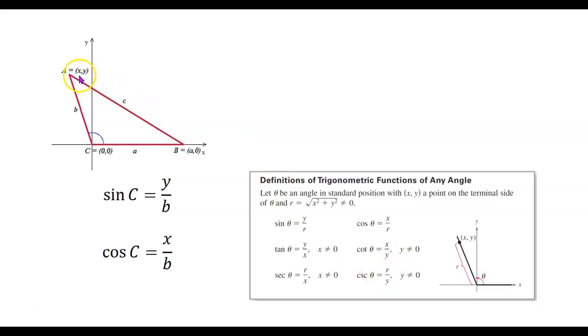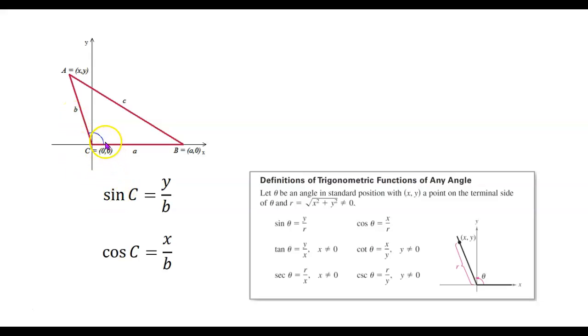So here we do have an x and a y for this point that is on the terminal side of the angle C, and the distance from that point x, y to the origin, what we were calling r, here we've got labeled as b.